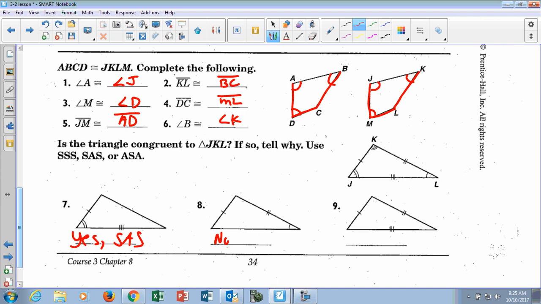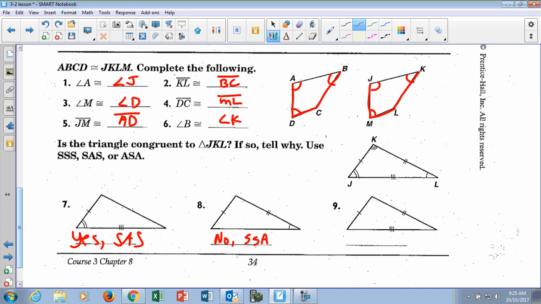It's no, but why? Look what they're giving us in order. Robert? Well, angle, side, angle would be angle, side, and then angle here. So is there an angle, or what they give us? So they give us a side, right? So this is side, side, angle. It's not one of those 3 pieces we wrote in our summary, right?